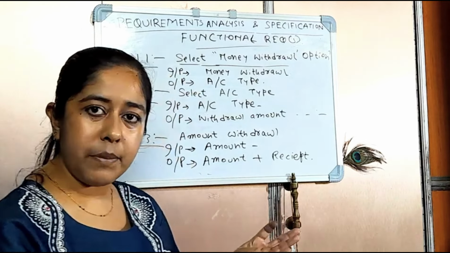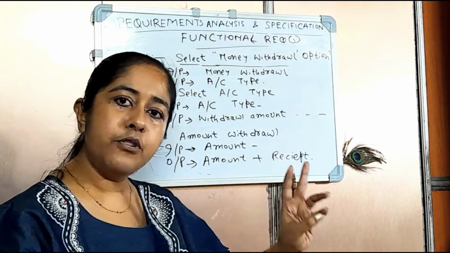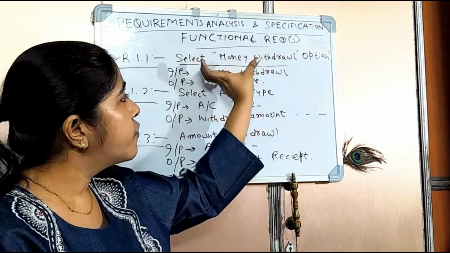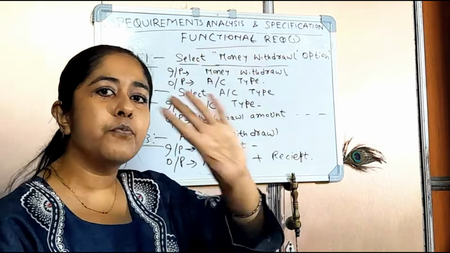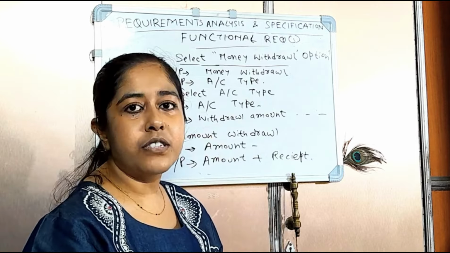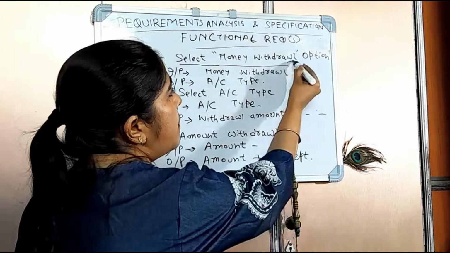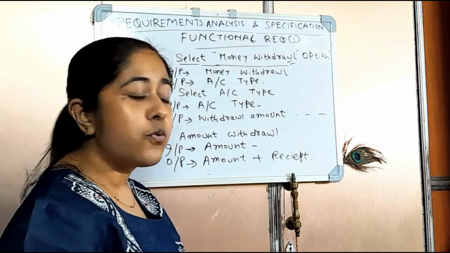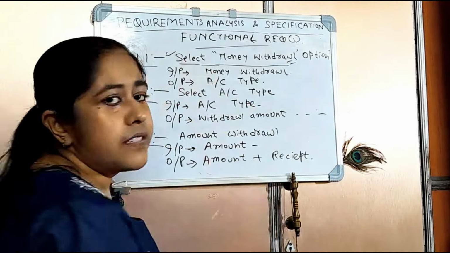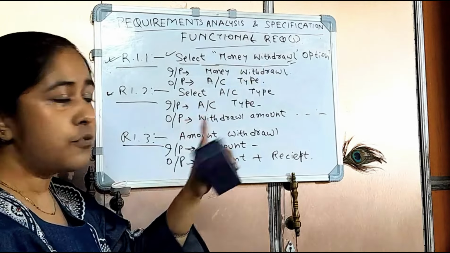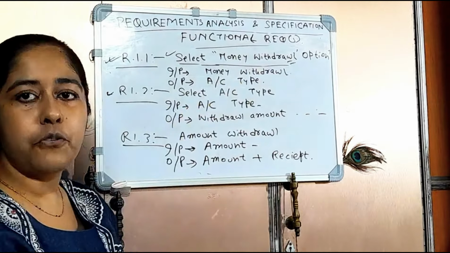You need the requirement, the input, and the output, and this is what the requirement is. This requirement is going to be processed in your high-level function. How are you going to know what my FI will be? This will be my particular FI that is going to be processed. This will process money withdrawal, and it will give you this particular output.